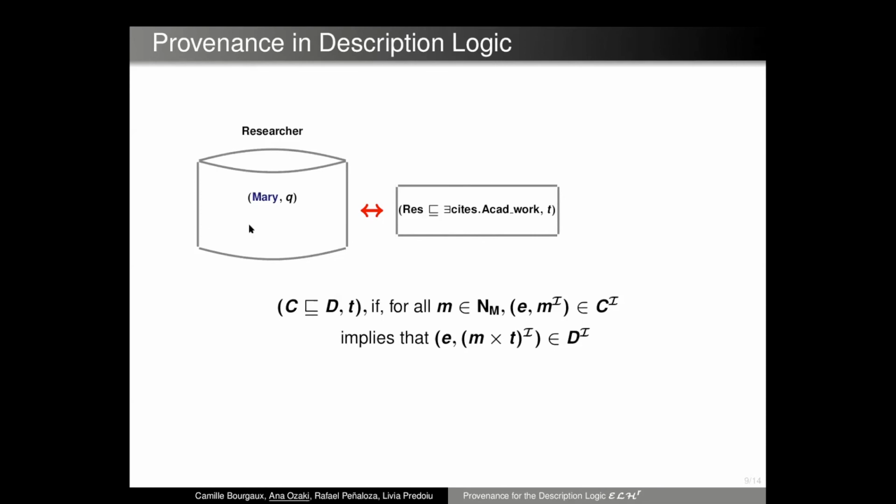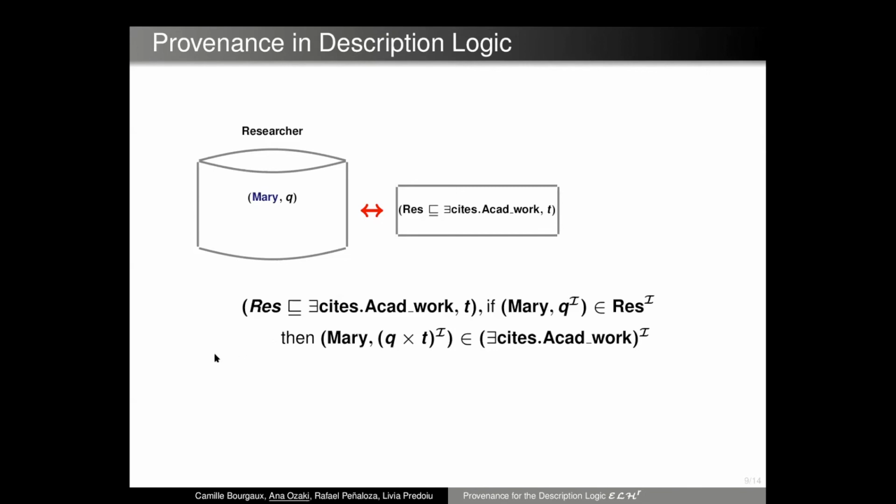So suppose here that we have Mary, and Mary is a researcher with provenance information Q, and we have a concept inclusion here which says that if somebody is a researcher, then this person cites an academic work, with provenance T. So our semantics will say once again that if we have C implies D with provenance T and something in the extension of C with provenance M, it will be in the extension of D with provenance M times T. Now, replacing this with our example, if Mary is a researcher, then Mary is going to be in the extension of exists cites academic work with provenance Q times T.